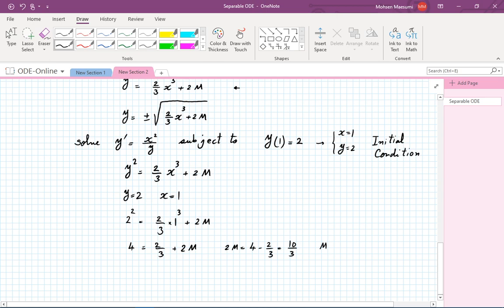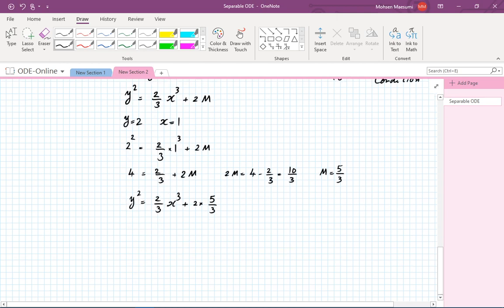So m itself is going to be 5/3. I put this value back in my equation. I get y squared is equal to 2/3 of x cubed plus 2 times 5/3. So I have y squared. If I clean it up, I have (2x cubed plus 10) over 3.